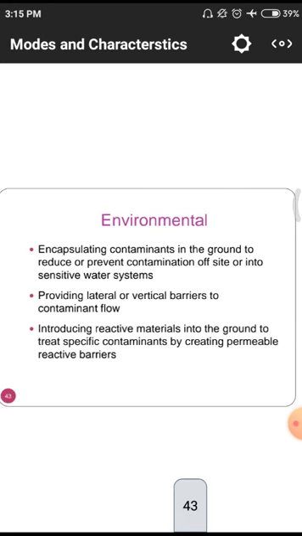Next one is environmental parameters, and how to control them. First of all, encapsulating contaminants in the ground to reduce or prevent contamination off-site or into sensitive water systems.